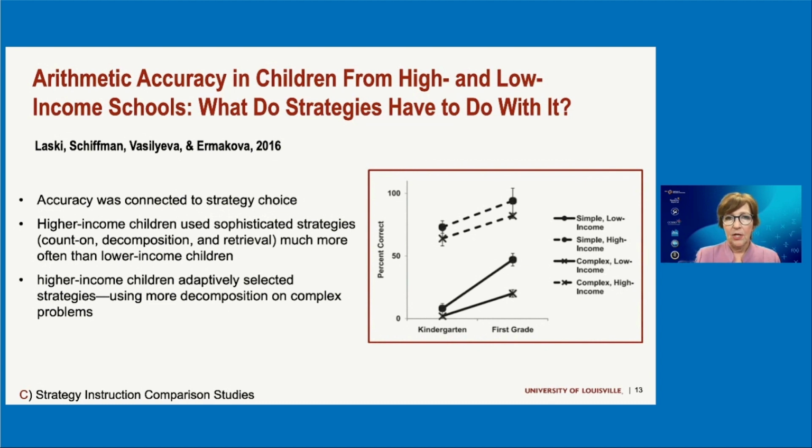You can see here that both of the dotted lines up above are the high-income graphs for kindergarten to first grade. And then the solid lines down below are the low-income families and their use of strategies, or their correct answers.